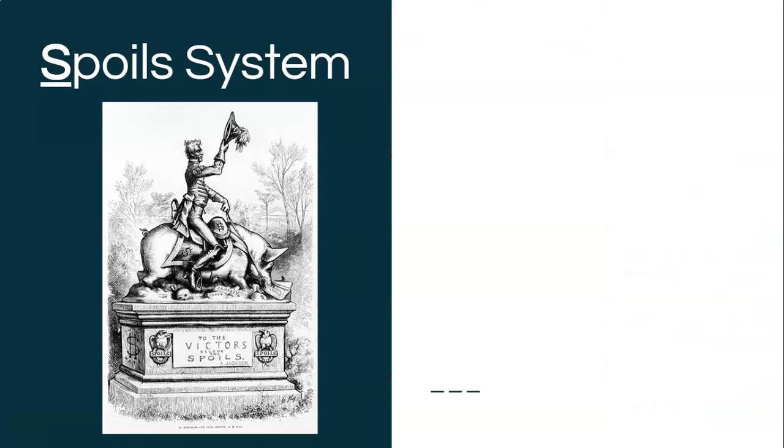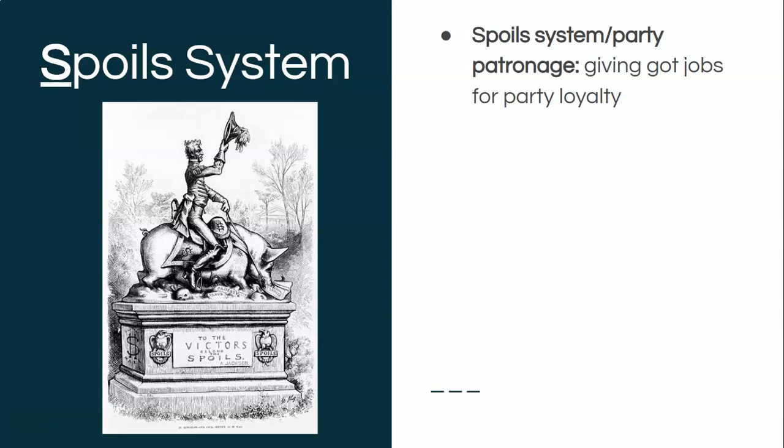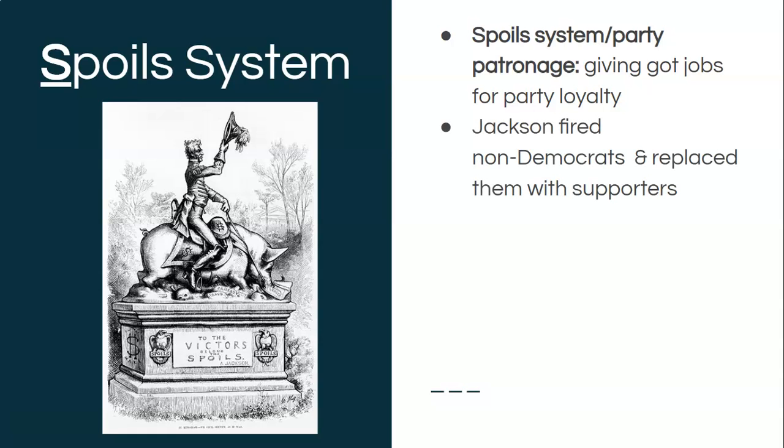Our last piece is the spoils system. So the spoils system, or party patronage, is giving government jobs for party loyalty. And Jackson really believed in party loyalty, so he fired all of the appointed federal government appointments that were non-Democrats, non-supporters of Jackson, and replaced them with loyal Democrats.